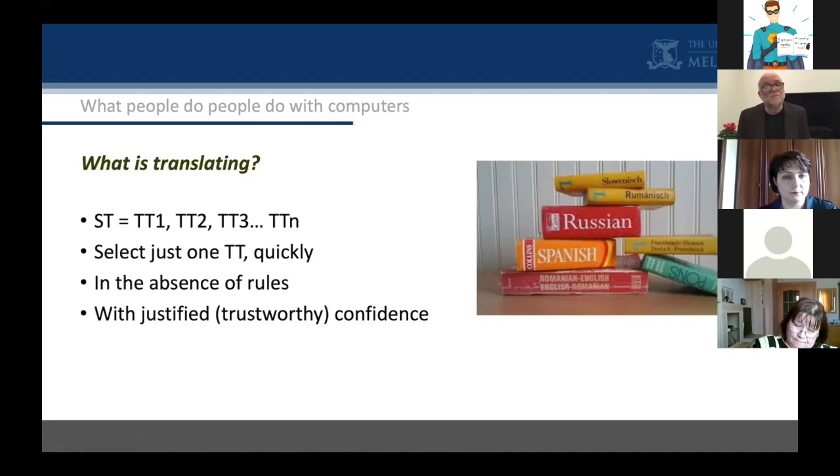Now, in that model of the translation process, the translation technologies that we teach help at that phase, the generation of possible translations. That's what they are really good for, and that's where we should exploit them.